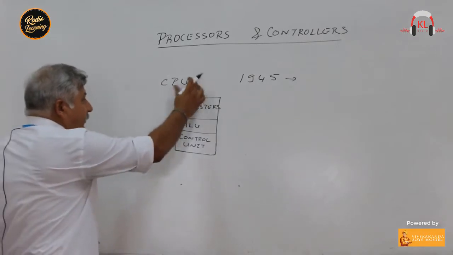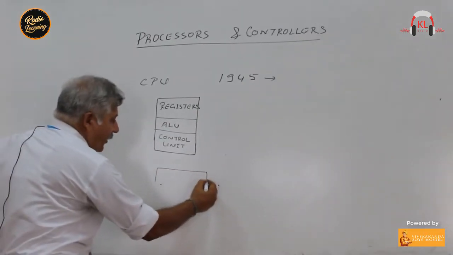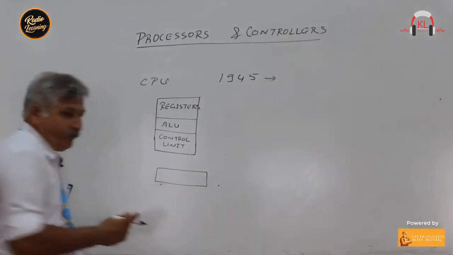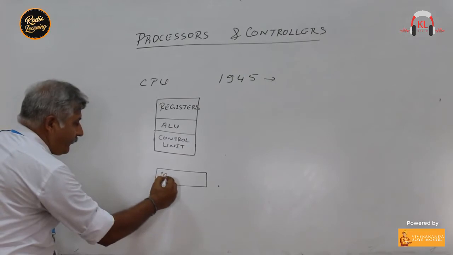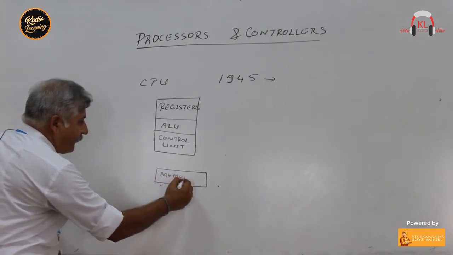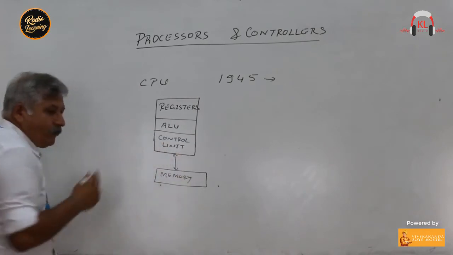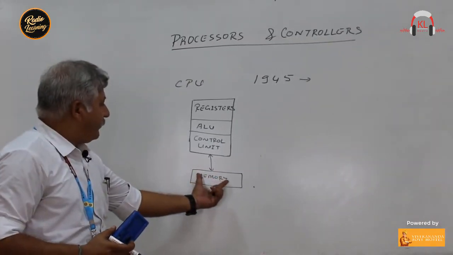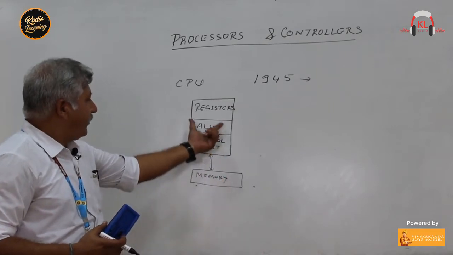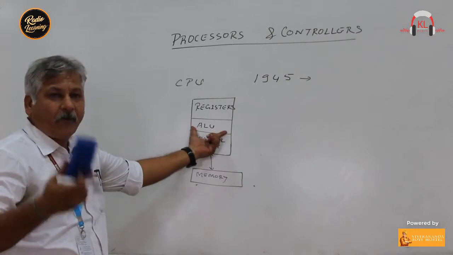So this is basically our CPU, and this CPU must have the capability to communicate with memory. So here we have memory, and content from the memory should reach the CPU, then the CPU will perform certain operations.